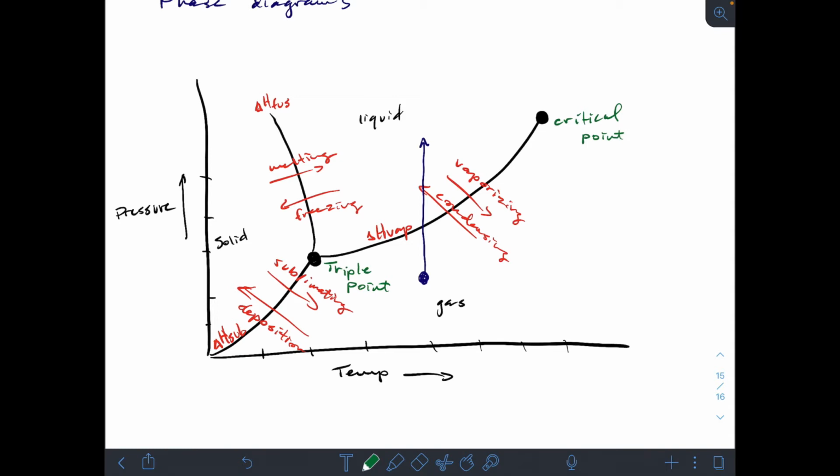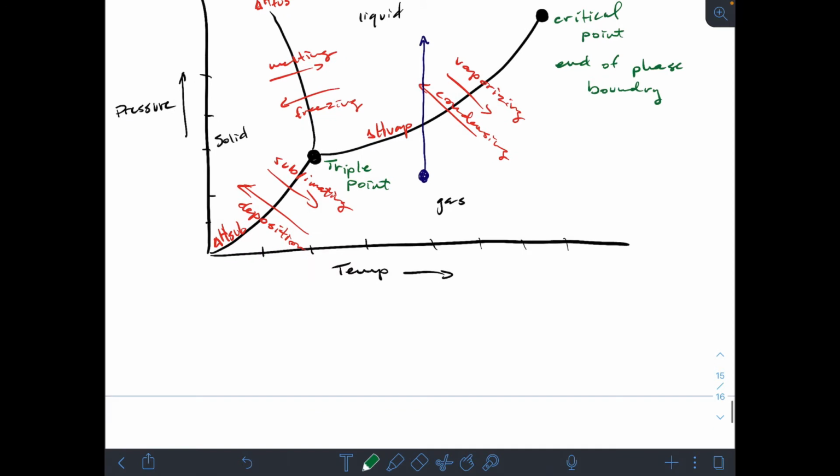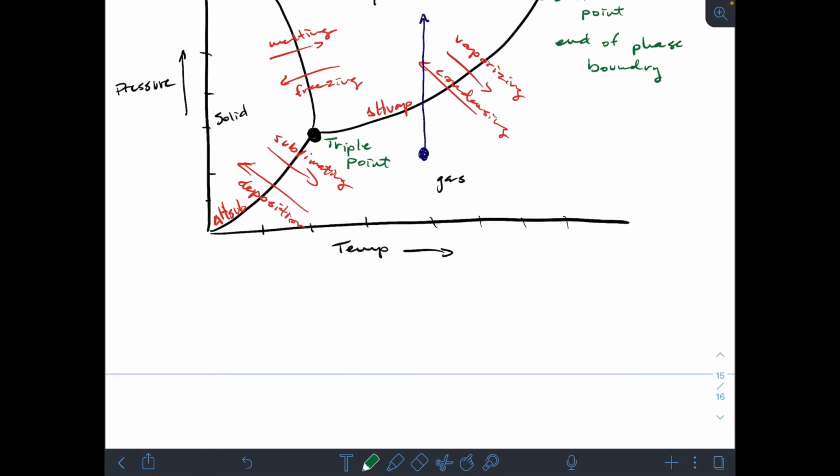We can also think about that in terms of the end of the phase boundary. Phase diagrams are super cool. So let's talk about what's happening at both the triple point and the critical point.